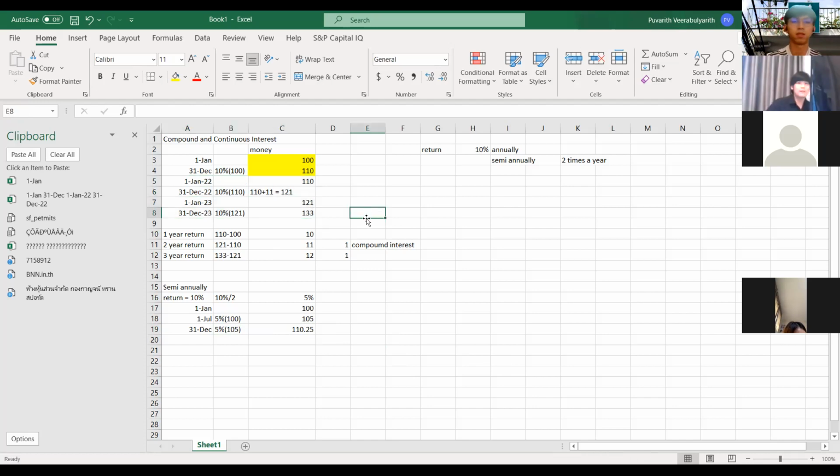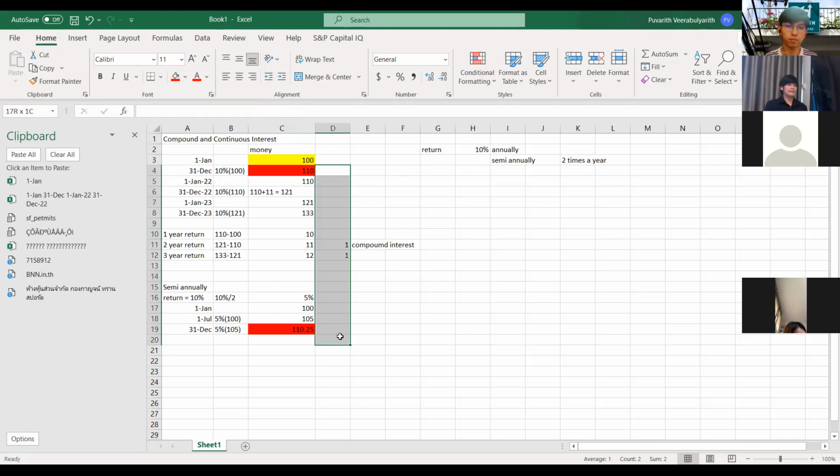But the thing I want to show you about the difference between annually and semi-annually is that, as you can see, if you invest for the same time, like 1 year, you will get a different amount of money at the end of the year.